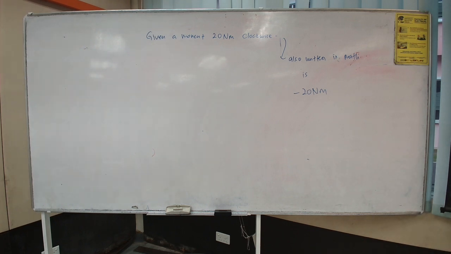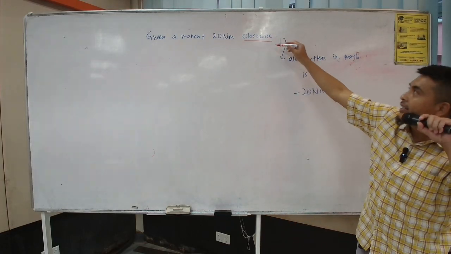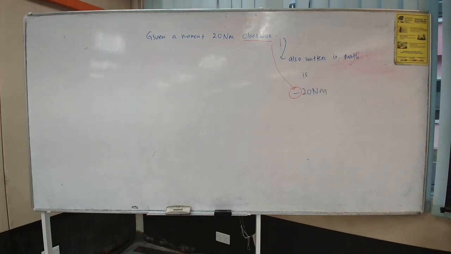Is it clear? Because the word clockwise represents negative. If the word is counterclockwise, it represents positive. Just remember this hand gesture. You know that this is counterclockwise, this is positive. This is your reference.